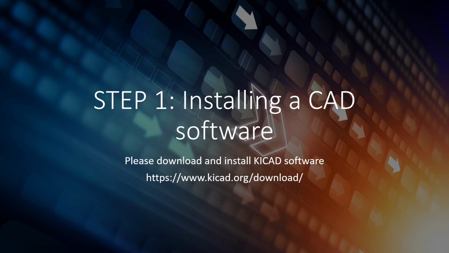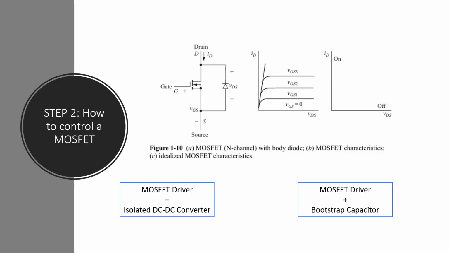After you install the CAD software, we can go to the next step. I will explain again about the MOSFET. The professor already explained it in class, but I will explain it to help you remember.